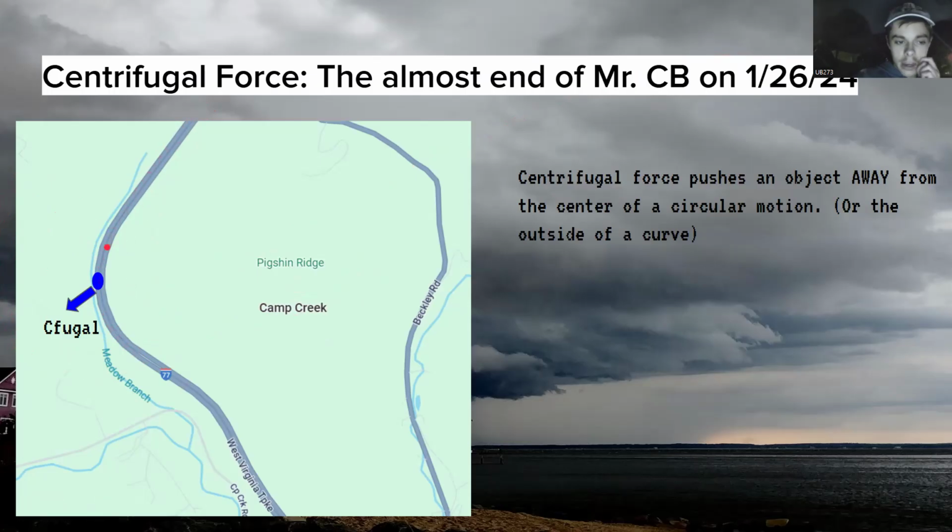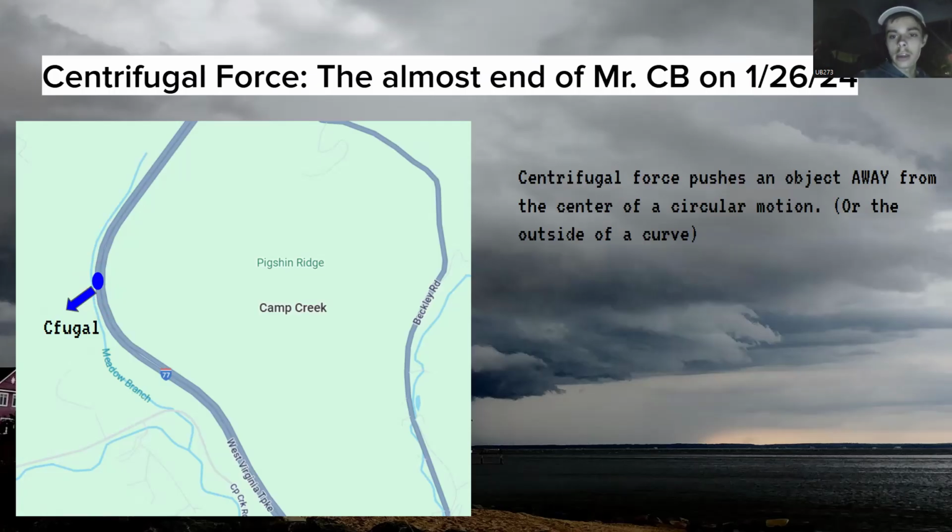What was happening that day was I was passing a car around here. So I was in the left lane, and right around here, I went back over into the right lane because that's what you do when you're done passing somebody. But there was some black ice right here, and naturally, there's a centrifugal force.